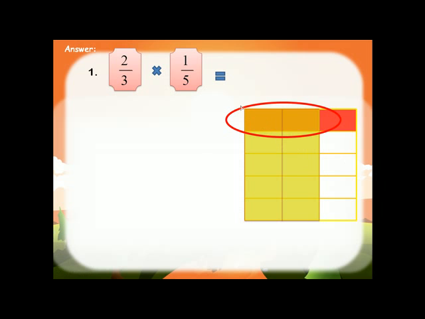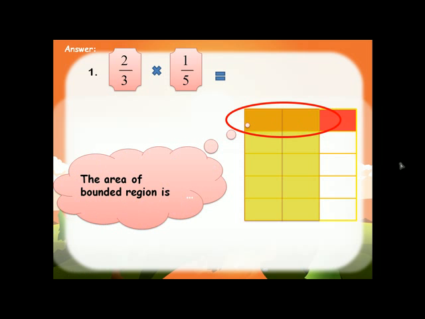There we have 2 boxes of intersection, and the number of regions becomes 1, 2, 3, 4, 5, 6, 7, 8, 9, 10, 11, 12, 13, 14, 15 boxes, and then we have 2 intersecting regions.